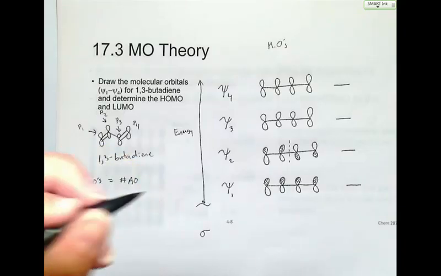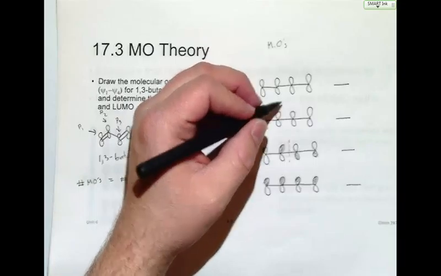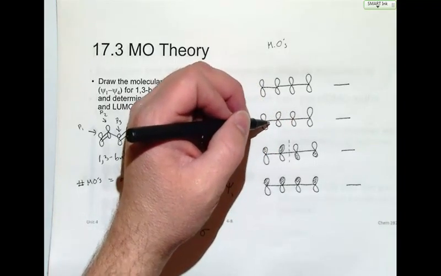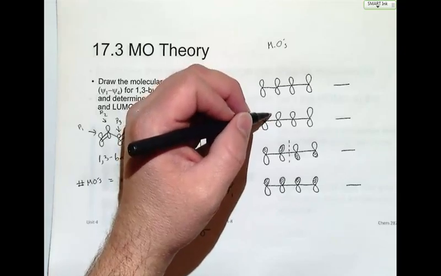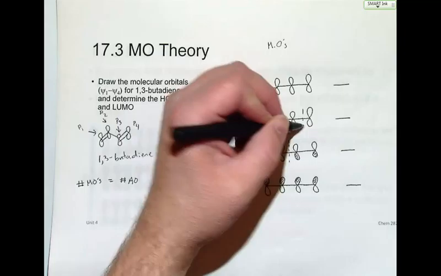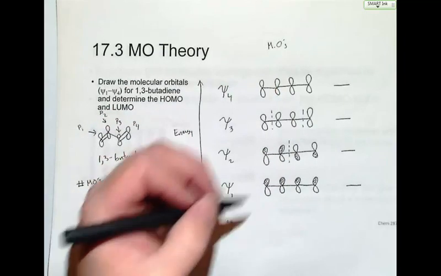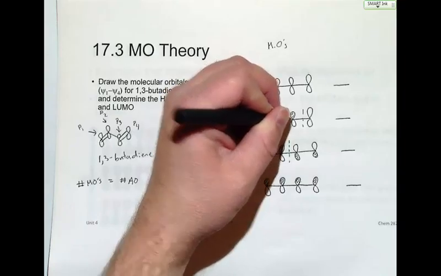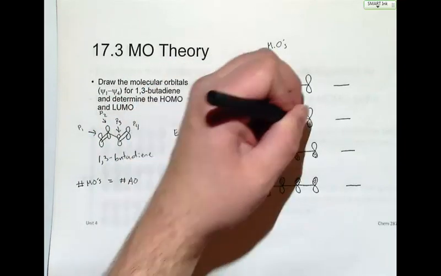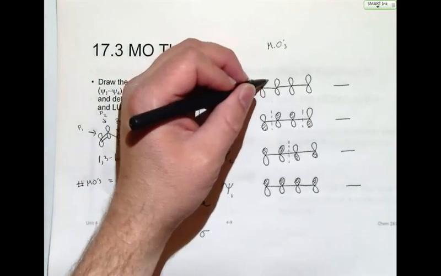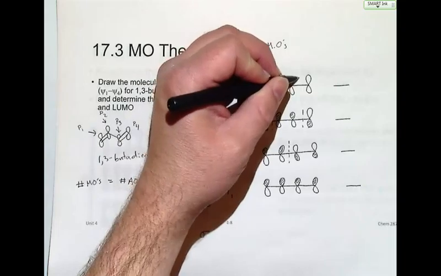And then in psi 3, we're going to have 2 nodes. When you're trying to figure out where the nodes go, try to be symmetrical about it. Like that. And then the last one, we have 3 nodes.